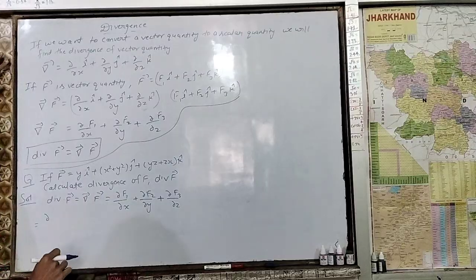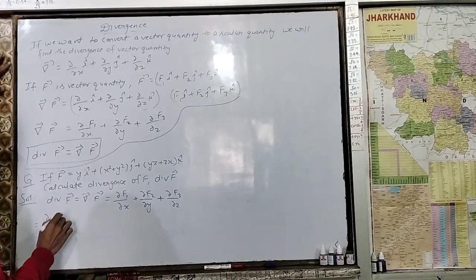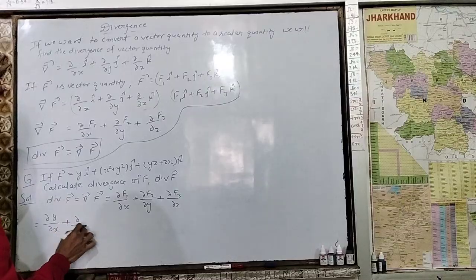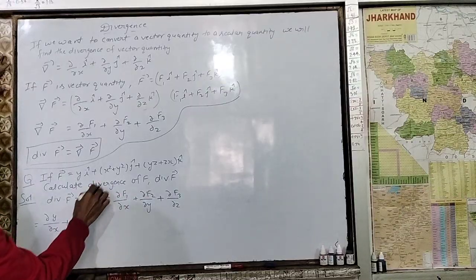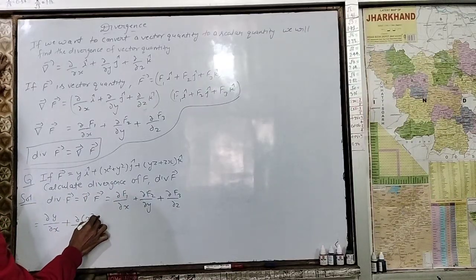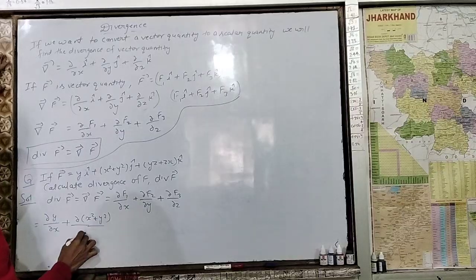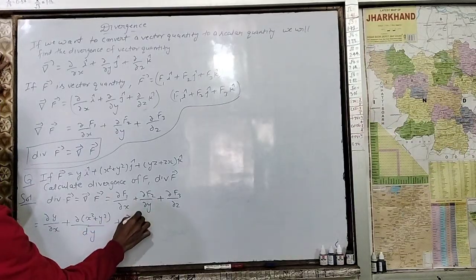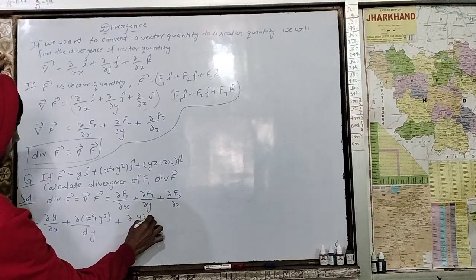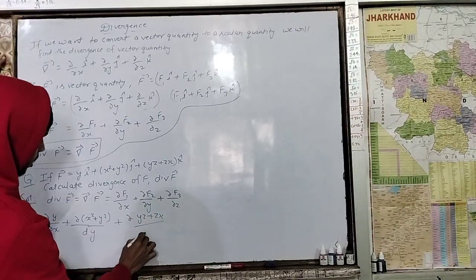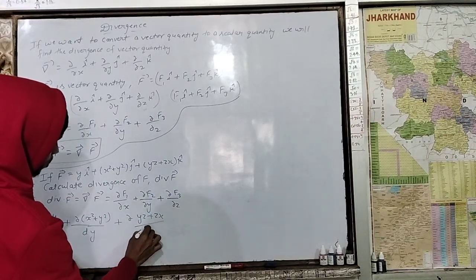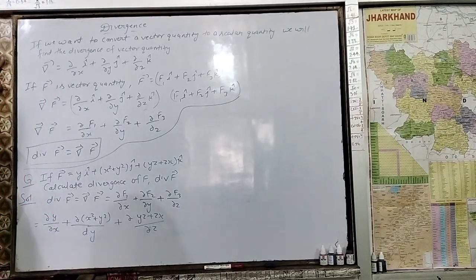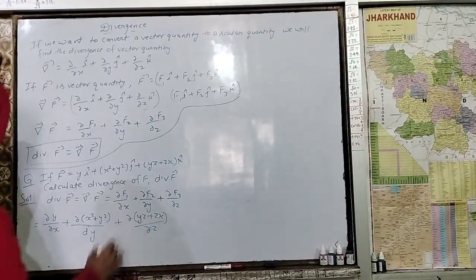In place of f1 we have y with respect to dx. In place of f2 we have x square plus y square with respect to dy, plus f3 is yz plus zx with respect to dz.